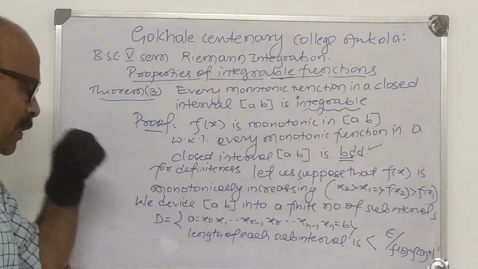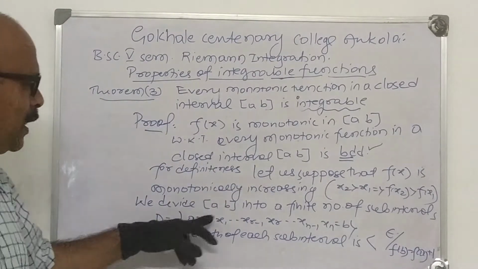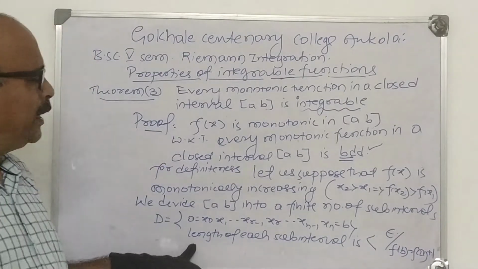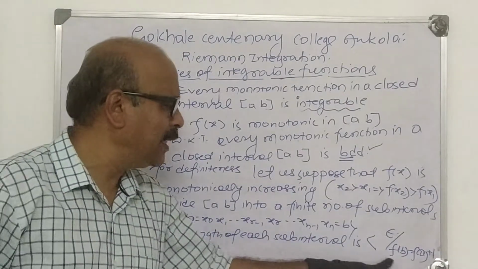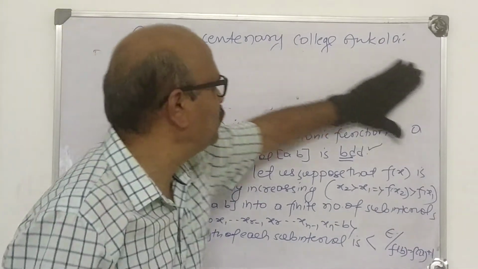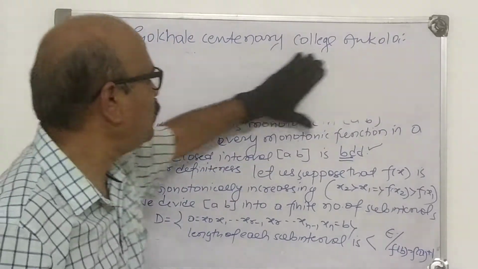This is very important. We divide AB into a finite number of subintervals so that the length of each subinterval is less than epsilon by f(b) minus f(a) plus 1.